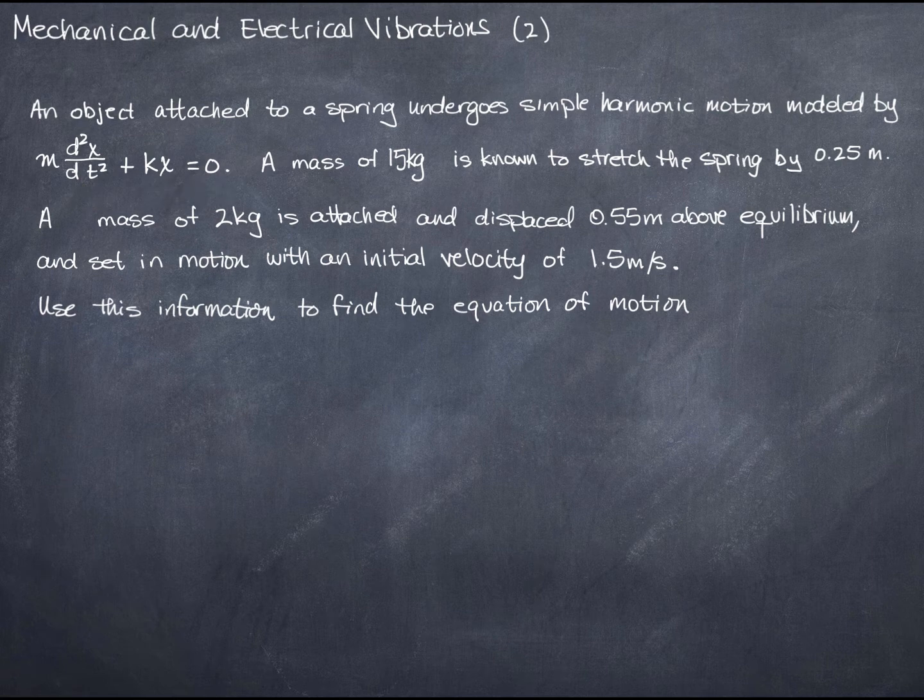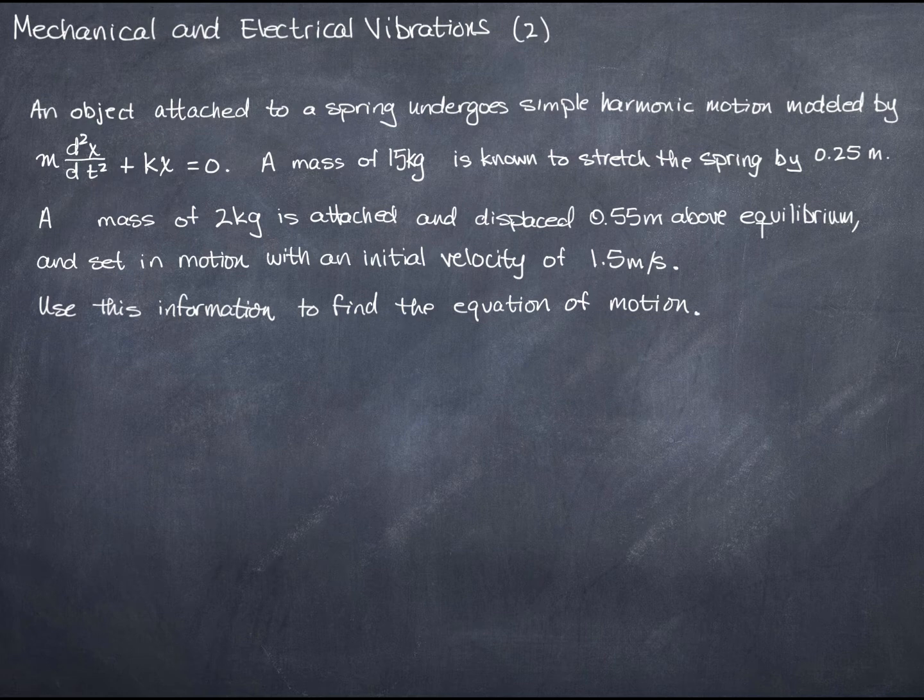A mass of 15 kilograms is known to stretch the string by 0.25 meters. A mass of 2 kilograms is attached and displaced 0.55 meters above equilibrium and then set in motion with an initial velocity of 1.5 meters per second. Use this information to find the equation of motion.